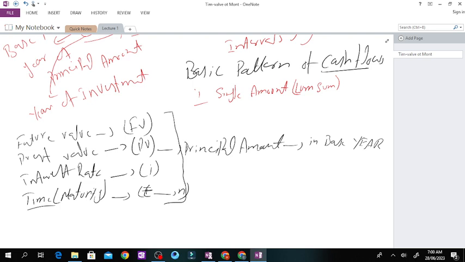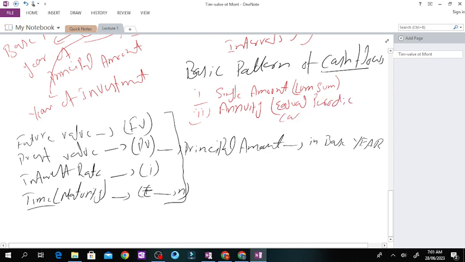Now, the next case is annuity. What is annuity? Annuity is an equal periodic cash flow stream.